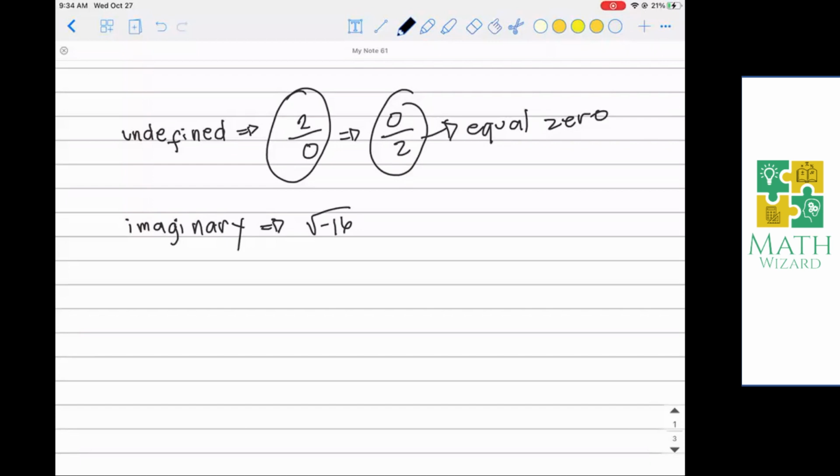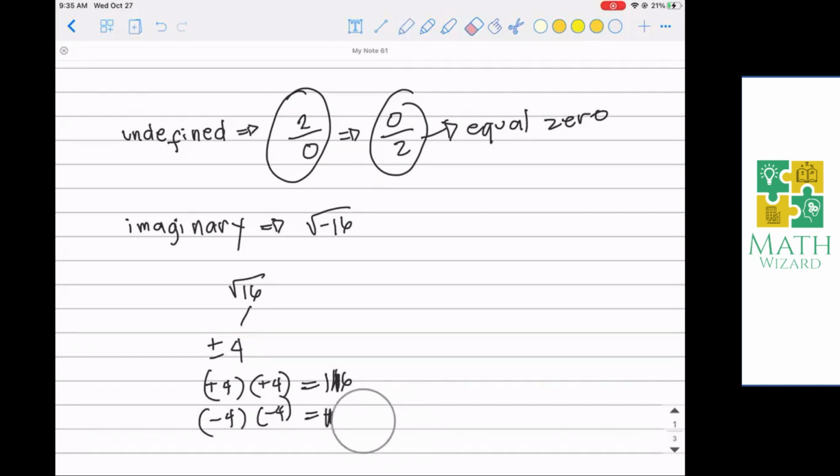Now, bakit ang square root ng 16? Kung kukunin natin ang square root ng 16, ang magiging result natin, this is a plus or minus 4. Bakit plus or minus 4? It's because positive 4 times a positive 4, the answer is 16. Negative 4 multiplied by a negative 4, ang sagot ay positive 16.